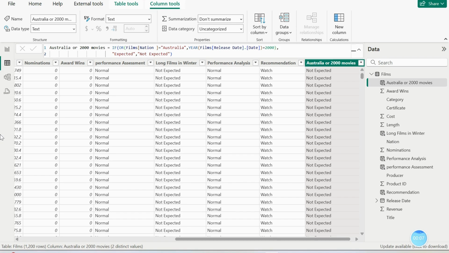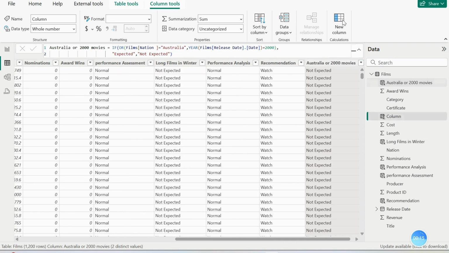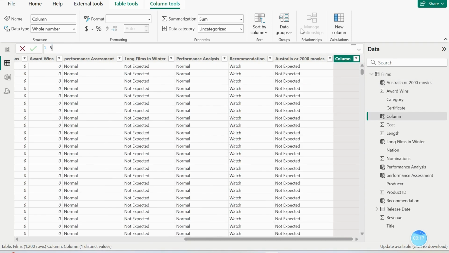Okay, let's move to the last part of this session. If we want to use multiple indicators to do the logical test, let's have a look. Recommendation 2.